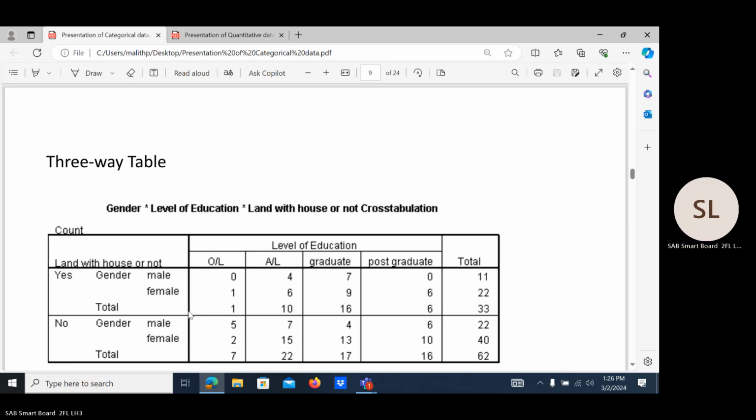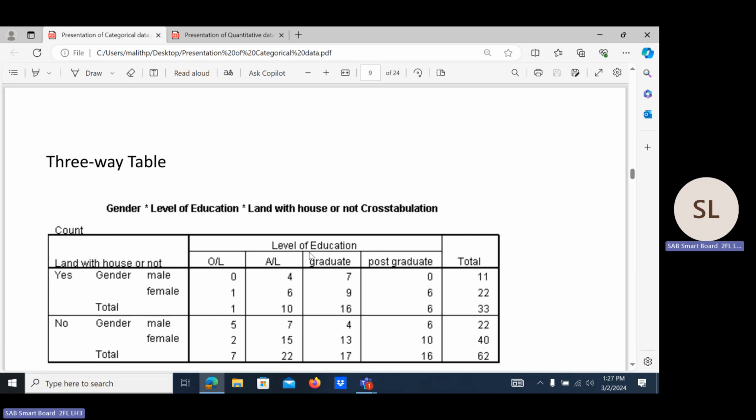Three. Then we call that a three-way table. It represents gender, level of education, and land with house or not. They own the house or they do not own a house. Then we move on to how to interpret the three-way table data.